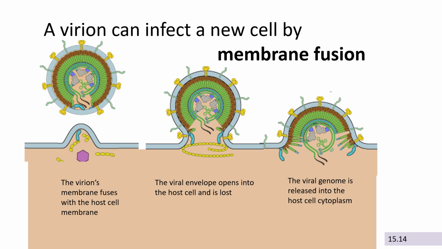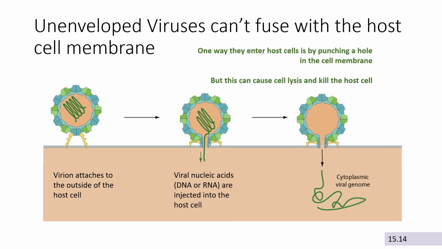Now, when that enveloped virus wants to enter a new host cell, it can do that process in reverse. The viral envelope can fuse with the host cell's membrane and let the virus sneak into the cell. Viruses that don't have an envelope can't use budding and membrane fusion to get into and out of host cells.